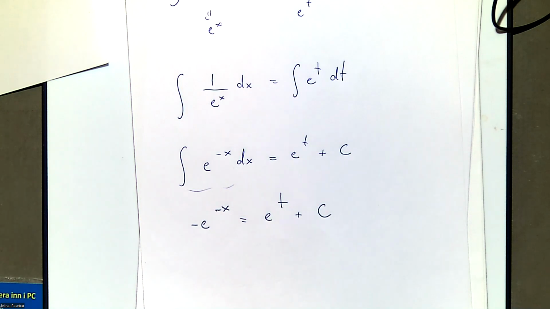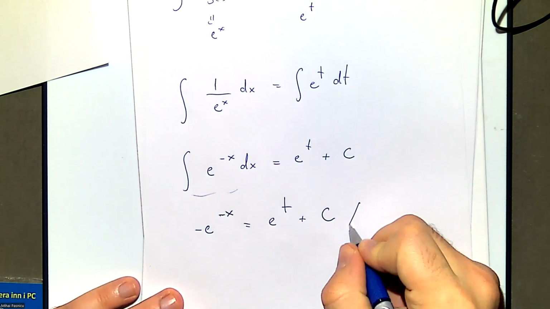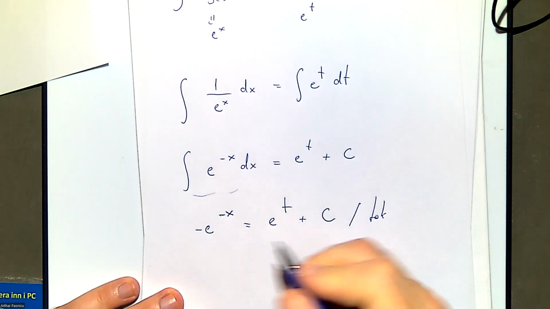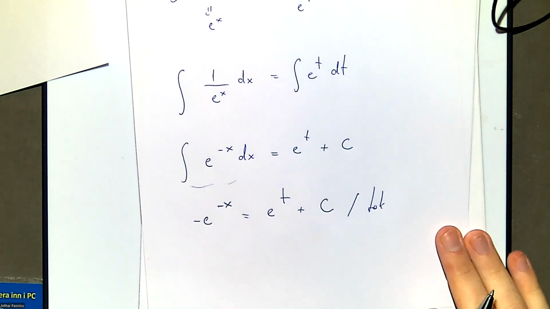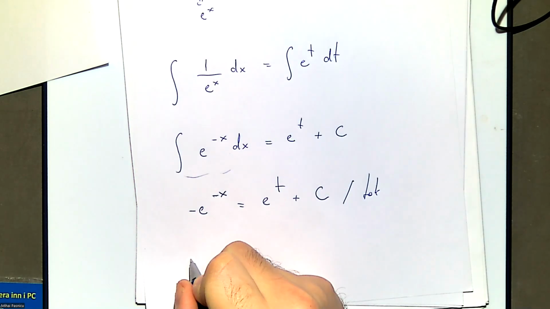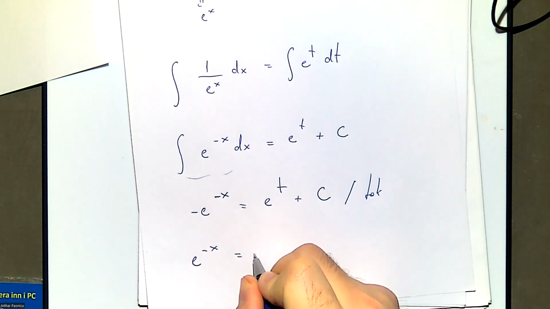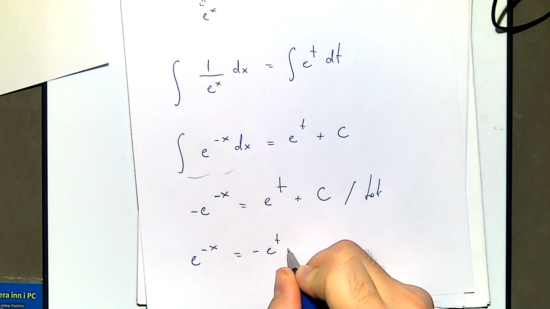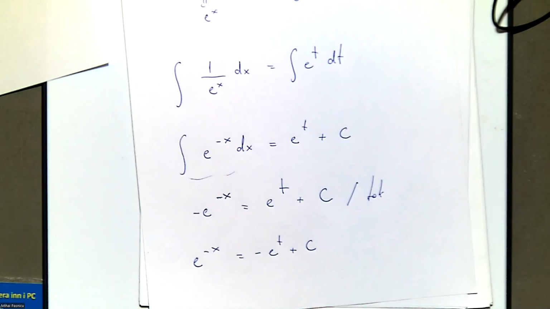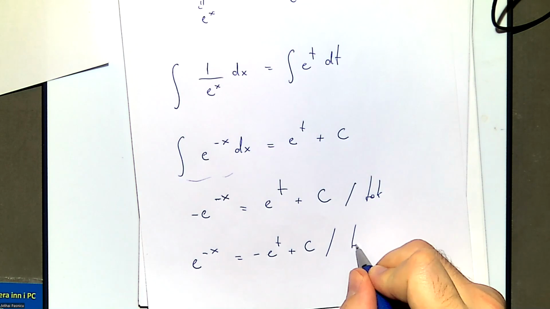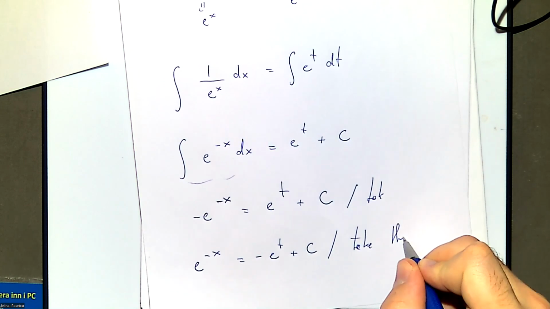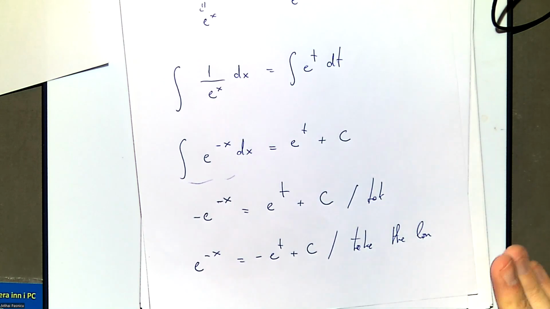Now you gotta take an ln, which is probably gonna mess a lot of people up right now, because, well, first of all, put a minus, because something's wrong here. But e to the minus x is equal to minus e to the t plus a constant. And now I take the log here, the ln.